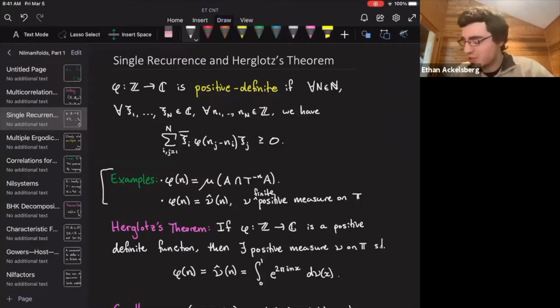So maybe the first one is the easiest one to check positive definiteness, you can write it as an inner product. And then when you try checking this condition, you use linearity a bunch of places and end up with some quantity squared, so it has to be positive.